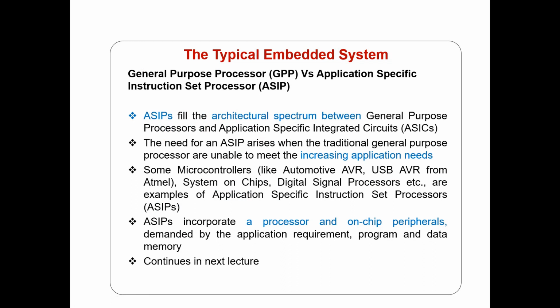They occupy the spectrum between the general purpose processors and the application specific integrated circuits. These ASIPs are derived from general purpose processors, but whenever a general purpose processor is unable to meet increasing application needs, it is converted into an application specific instruction set processor.